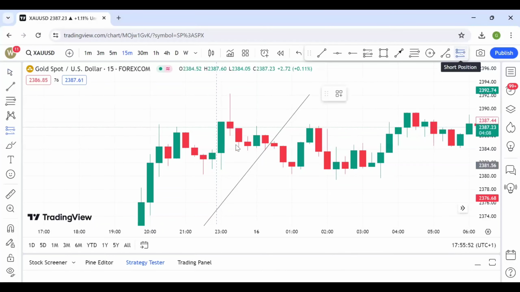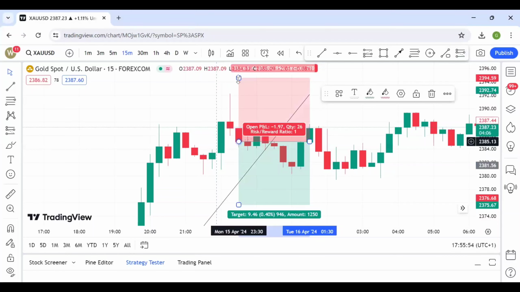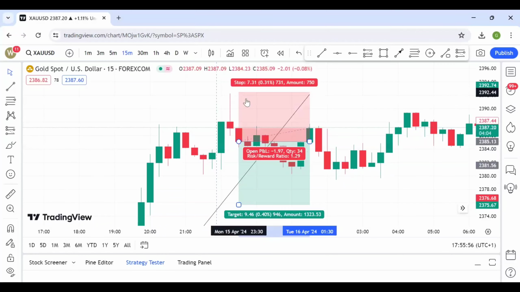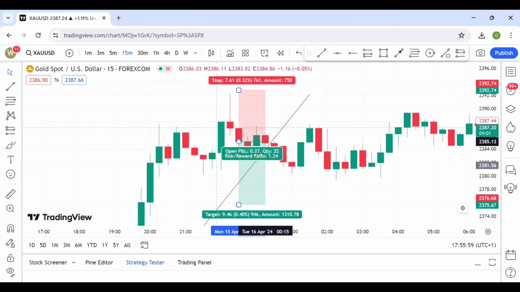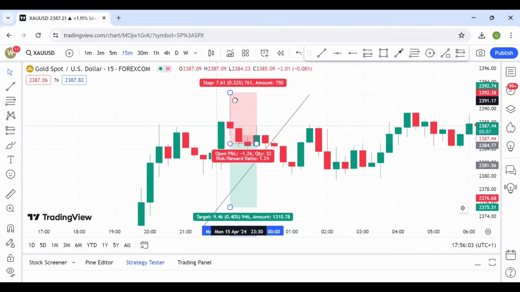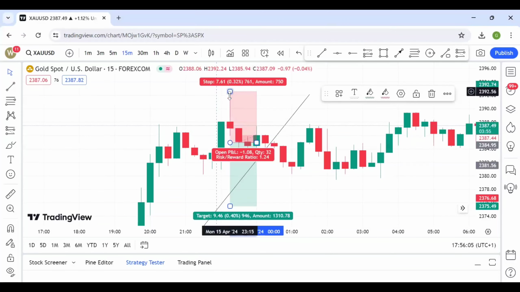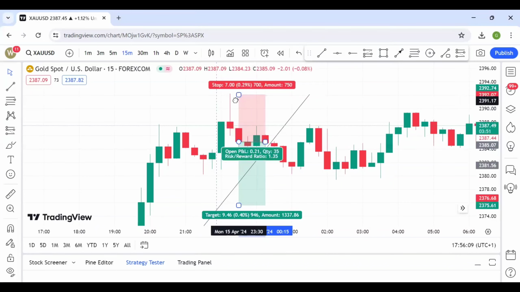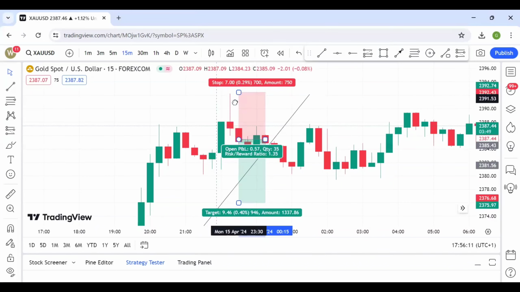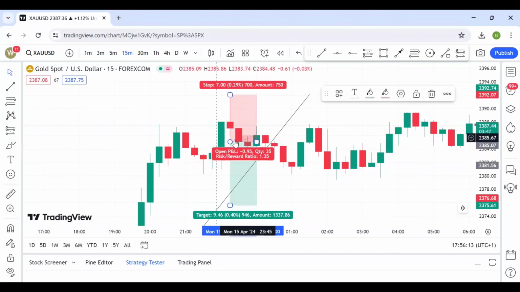Where is our short position? From here, then your stop loss should be above this candle. Let me arrange it well and expand it again. Your stop loss should be above this candle.